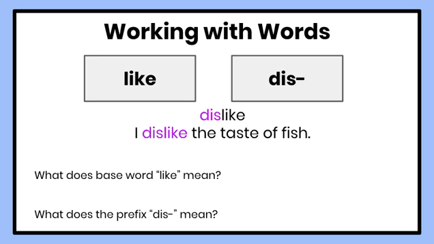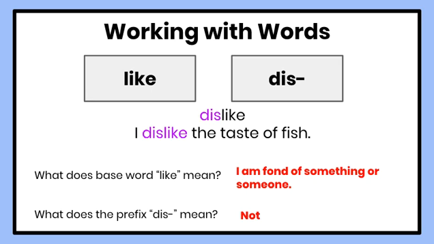Well, what does my base word like mean? That you're fond of something or someone. And then what does the prefix dis mean? Not. So notice how the prefix changes the meaning of the base word.